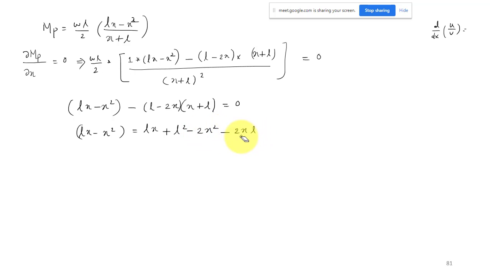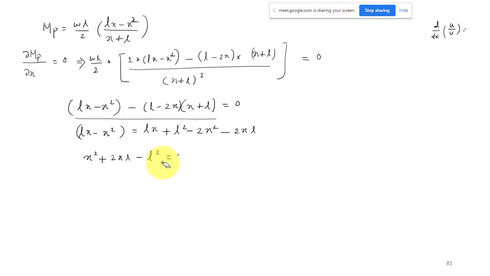So I think I'm correct. From here you can take everything to this side, minus x square minus 2x square, and you can expand this one and simplify it. It is just simplification only. You will get a quadratic equation finally: x square plus 2xL minus L square equal to 0.